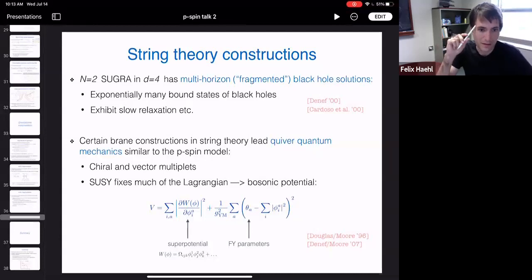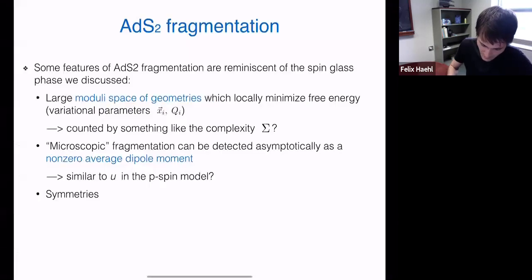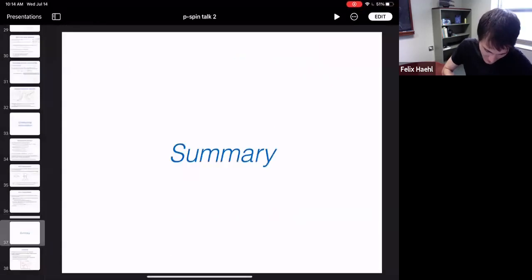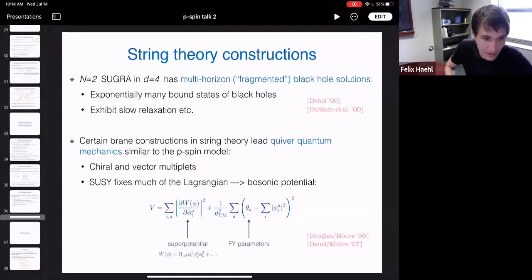And I think what they did back then, when they made this connection with glassy physics, was they took the large-N Yang-Mills limit, where this last term in the potential goes away.